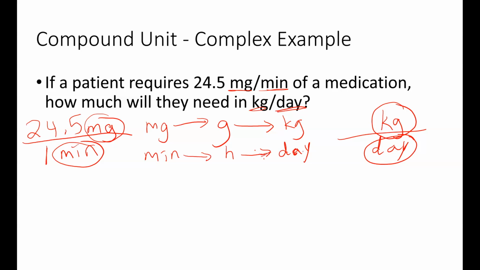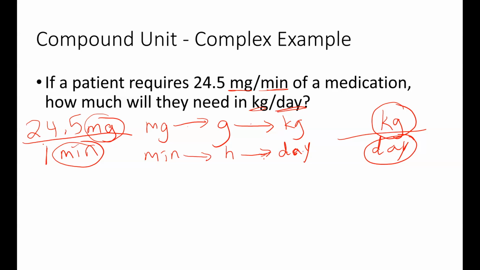So notice here, for this conversion, I'm going to need to do 1, 2, 3, 4 separate steps. I can do these as 4 sequential separate steps, or I can do them as one calculation set up with 4 different fractions being multiplied.